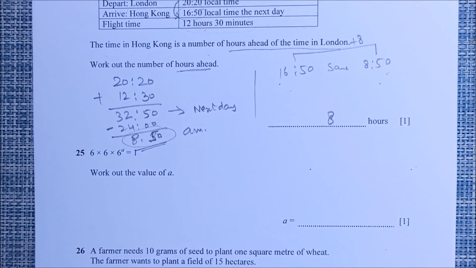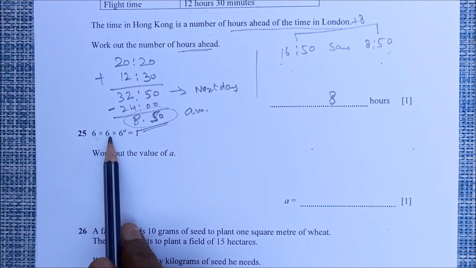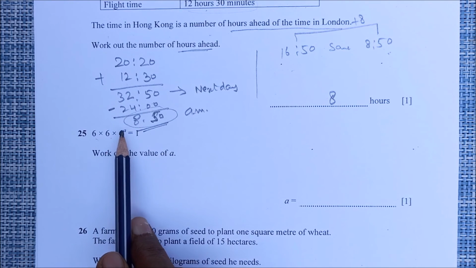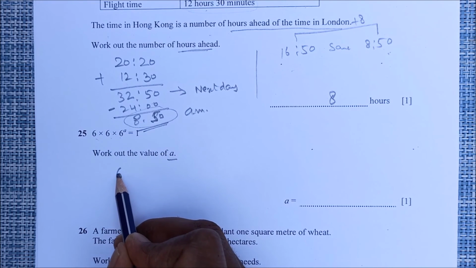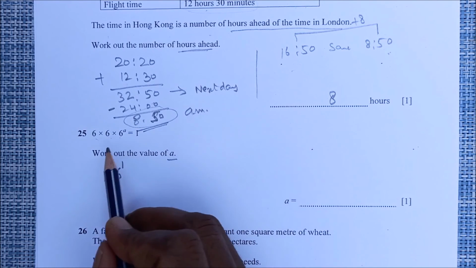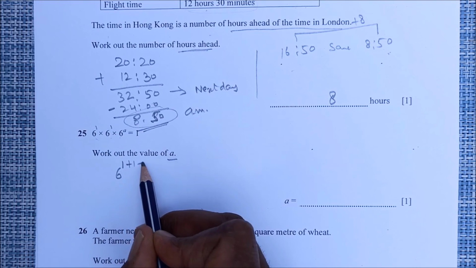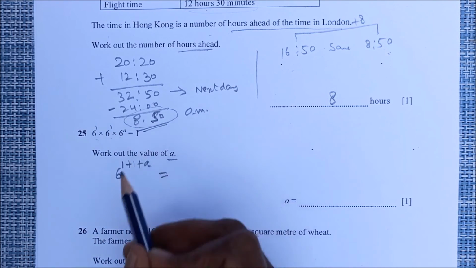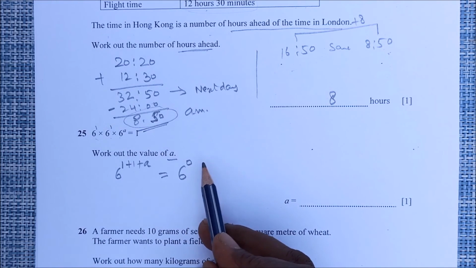Question number 25. 6 times 6 times 6 power a equals 1. Work out the value of a. So as you know, the powers get added when there is a multiplication sign. So here it is 1 plus 1 plus a equals 1. 1 can be written as 6 power 0, because anything raised to power 0 is 1.